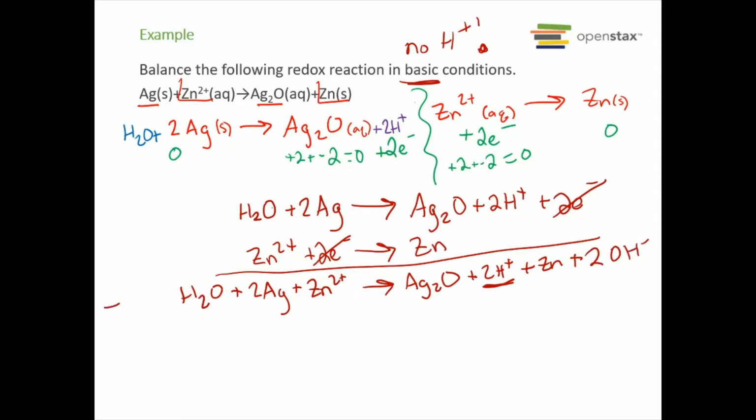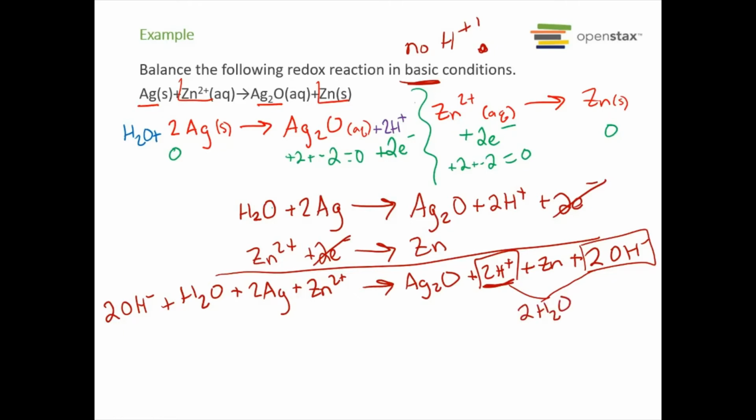And then I need to do that on the other side as well, on my reactant side. So 2 OH minus gets added. Okay? And then we go, okay, I've got 2 H pluses and 2 OH minuses. Those are going to combine to make 2 waters.